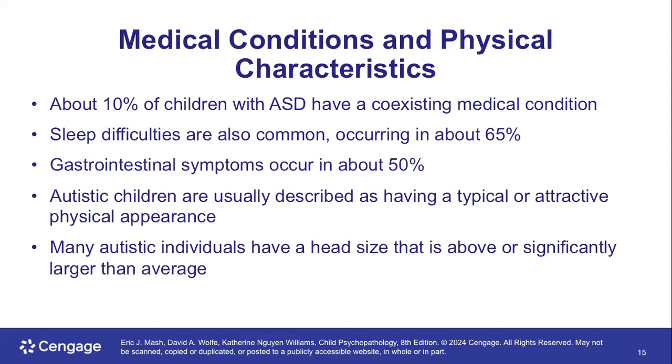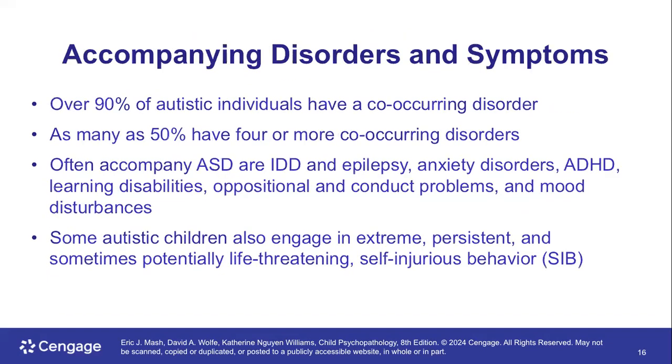We also see about half of children on the autism spectrum have some GI issues or digestive issues. A common report of physical appearance or facial appearance is that individuals on the autism spectrum tend to have typical or attractive physical appearances, but there is a tendency to have a larger head size relative to the normal person.